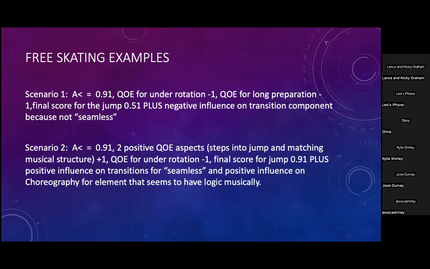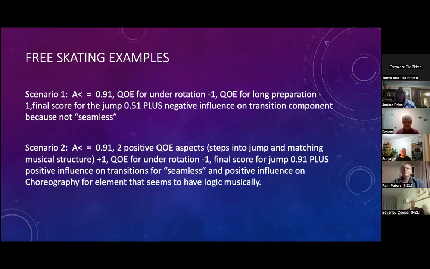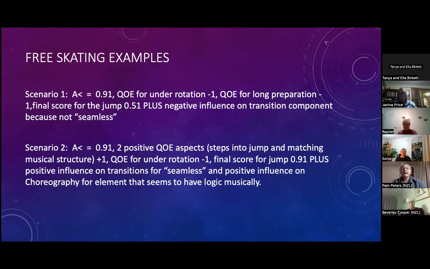That offsets the under rotation of -1, ending up with a QoE of 0, or O. A QoE of O is no change to the score, so the jump gets its full value for an axel under of 0.91. And then there is a positive influence on the transitions because there's been a clear attempt for the skater to make it seamless into the jump, and a positive influence on the choreography for an element that is seen to have logic musically and choreographically.